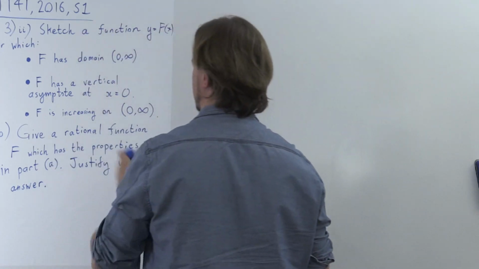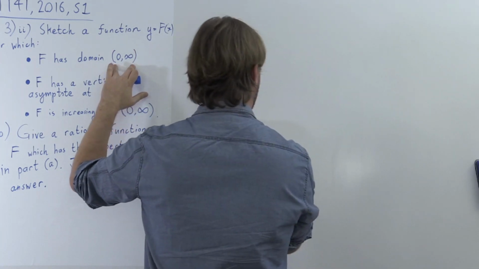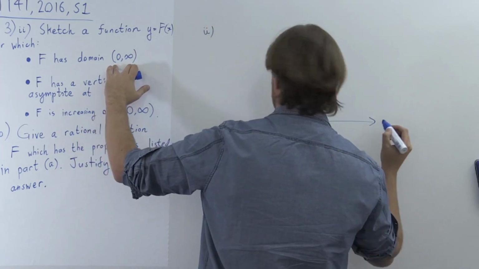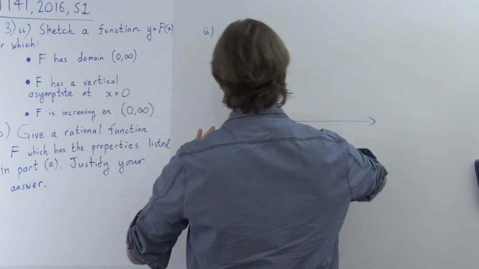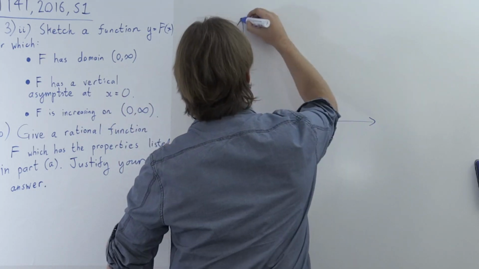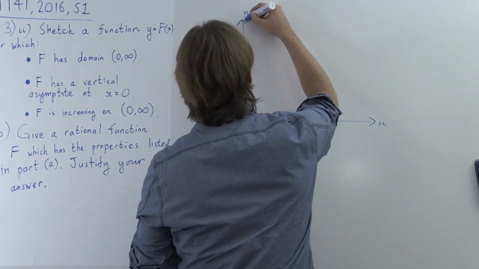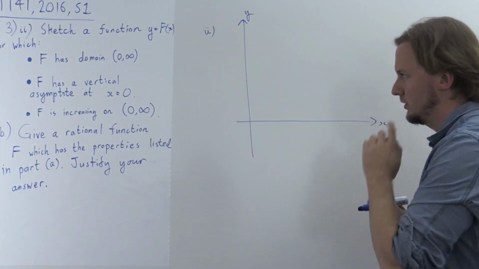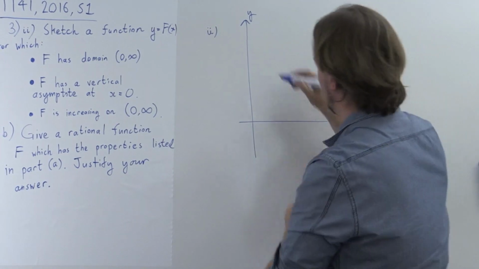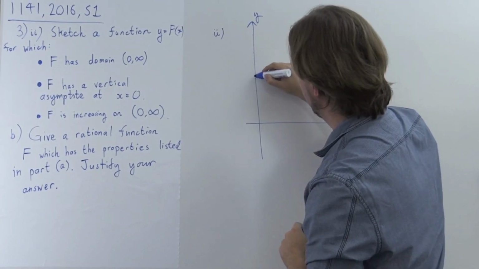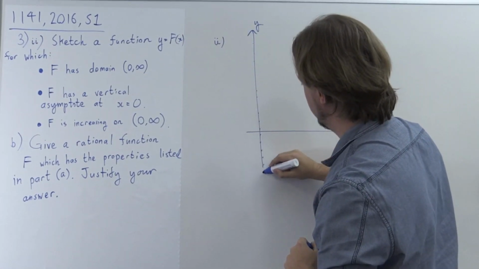So let me just have some axes. I'm only caring about defining it on the domain 0 to infinity, so I'll only draw positive x values. So vertical asymptote at x equals 0, I want the function to shoot off to plus or minus infinity here.